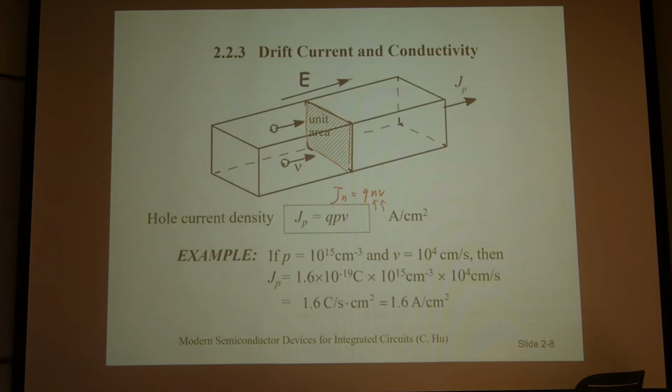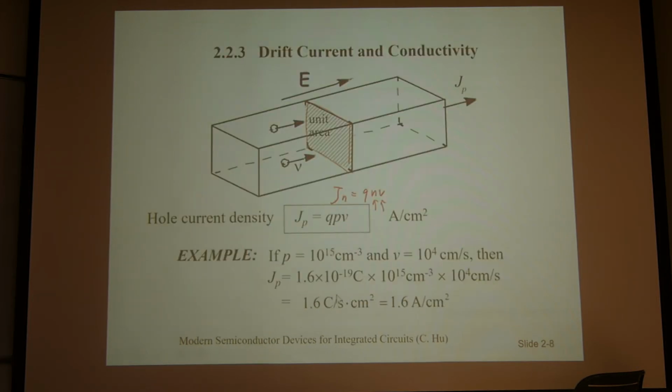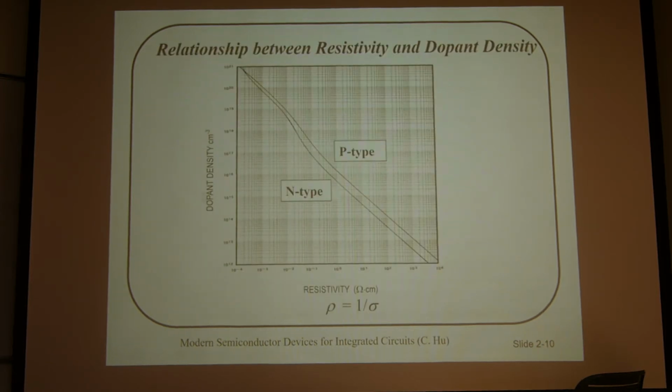So you can also refer to the previous chart here. This is the experimentally measured mobility as a function of dopant density. So you will get the mobility as a function of those N or P. And then you can use this equation to determine the sigma, which is conductivity, and 1 over sigma is the resistivity. Then you can get this resistivity as a function of the doping density.